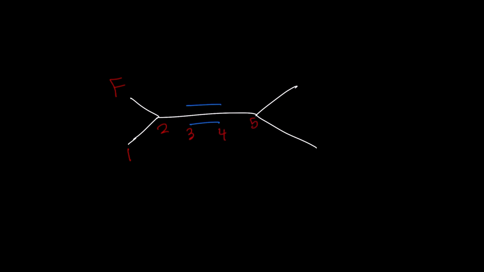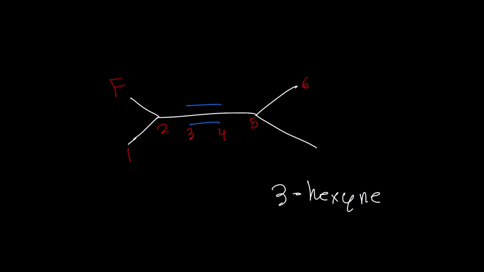So that's the way we're going to count it. The triple bond is going to be across carbon number 3 and 4, so we're going to go with the 3, and then we have 6 carbons in total, which would be hex, and then hexyne would be the name of this alkyne.